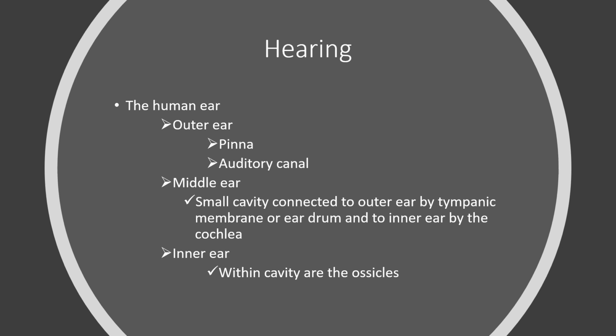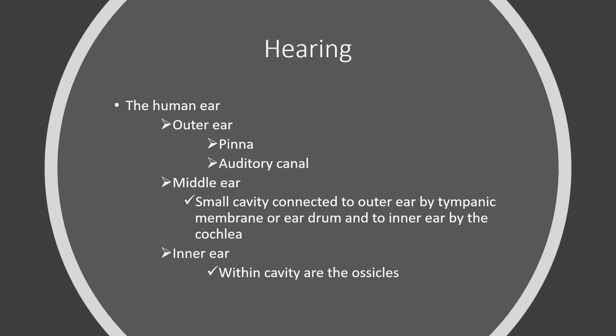Now within the cavity there are ossicles. I'm sure you must have heard that ossicles are the smallest bones in the body. Sometimes in GK questions it is asked which is the smallest bone in the human body.